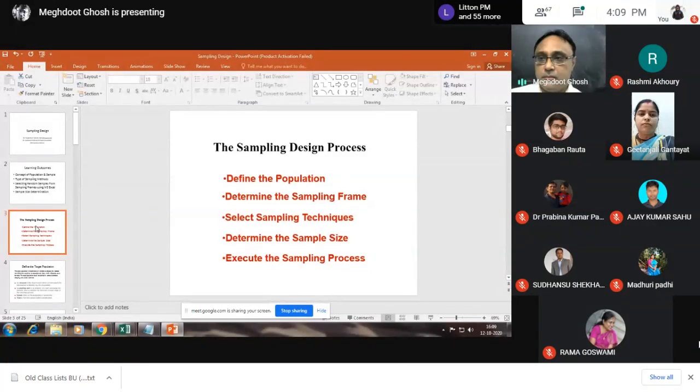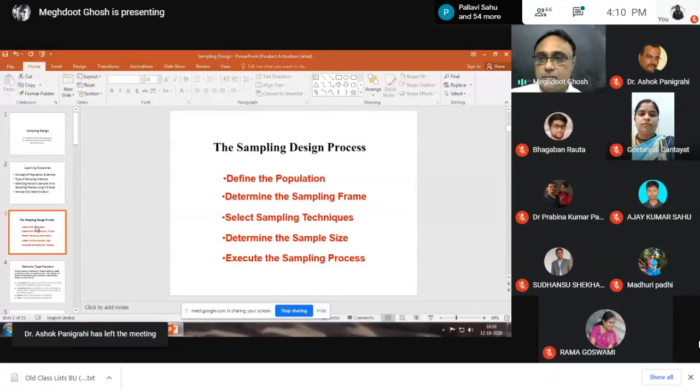So that is my population, and I want to take information from each one of them, whether they are smokers or non-smokers. And then we will draw an inference about what proportion of people living in Bhubaneswar are smokers. How many people are actually smokers, how many are not. So we have to take information from all the units present in Bhubaneswar.